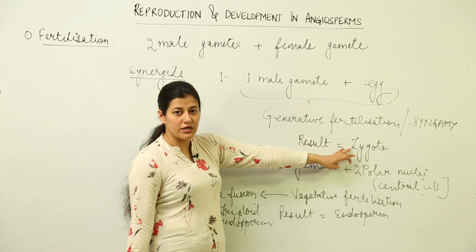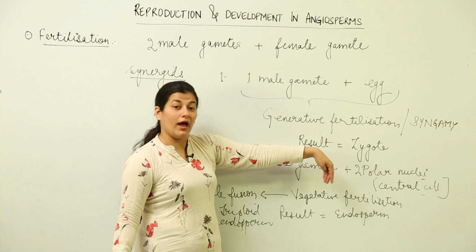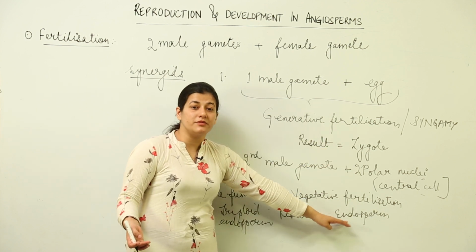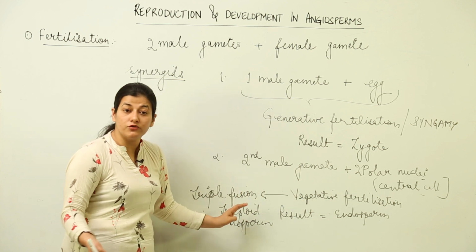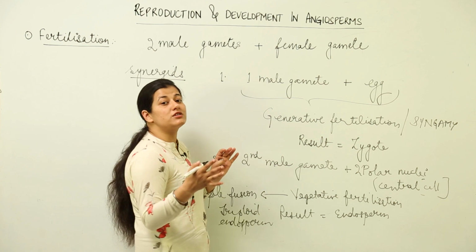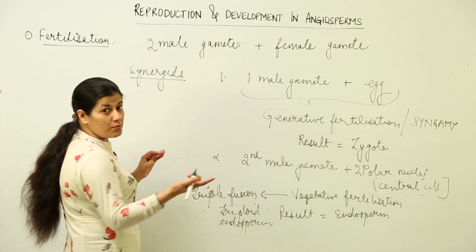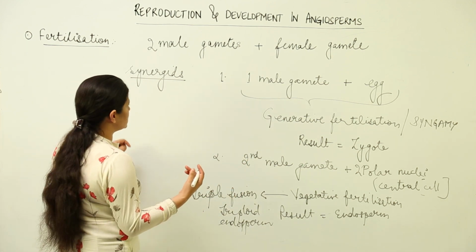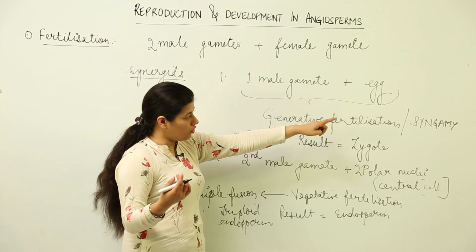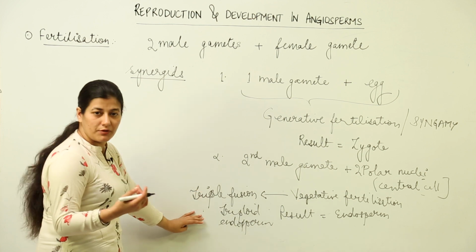So you see one point, that after and only after the zygote is formed, the formation of endosperm takes place, or rather I would say that triple fusion takes place. So in a way, angiosperms have a less wasteful fertilization process. One more point why they are so advanced. So we have this generative fertilization or syngamy, and we have this triple fusion.